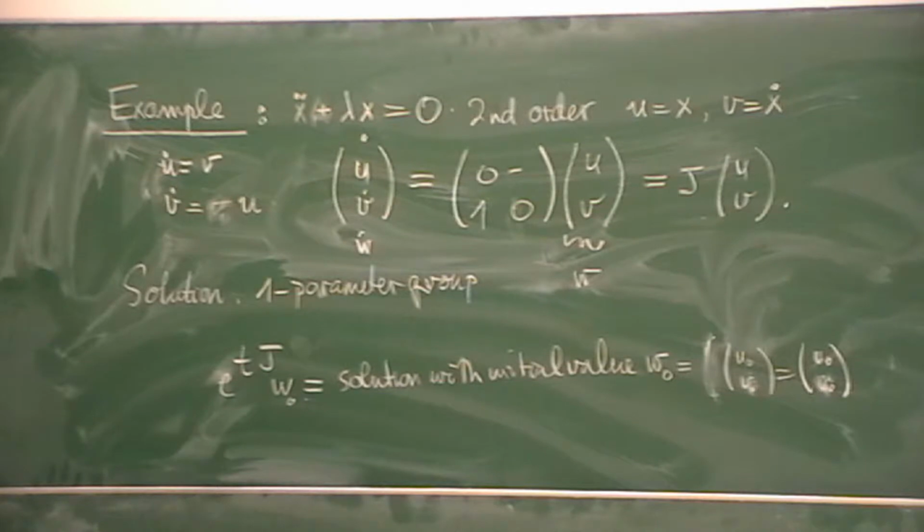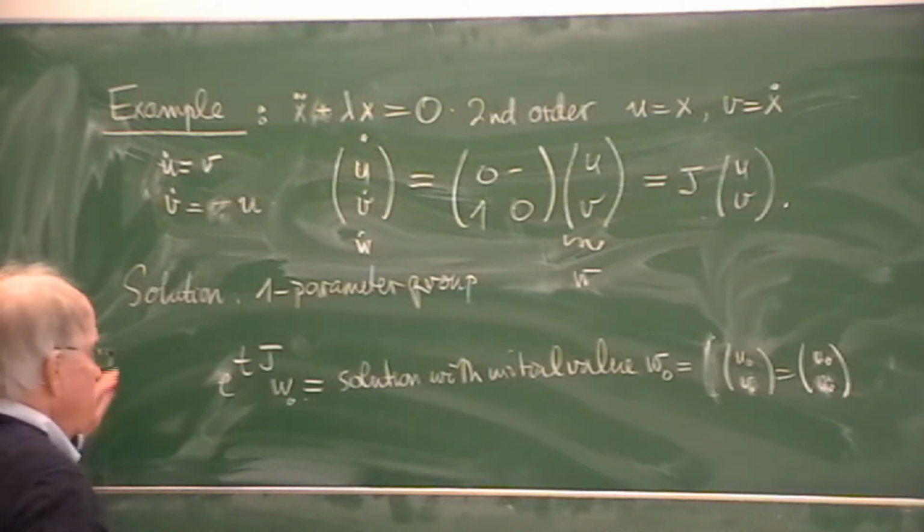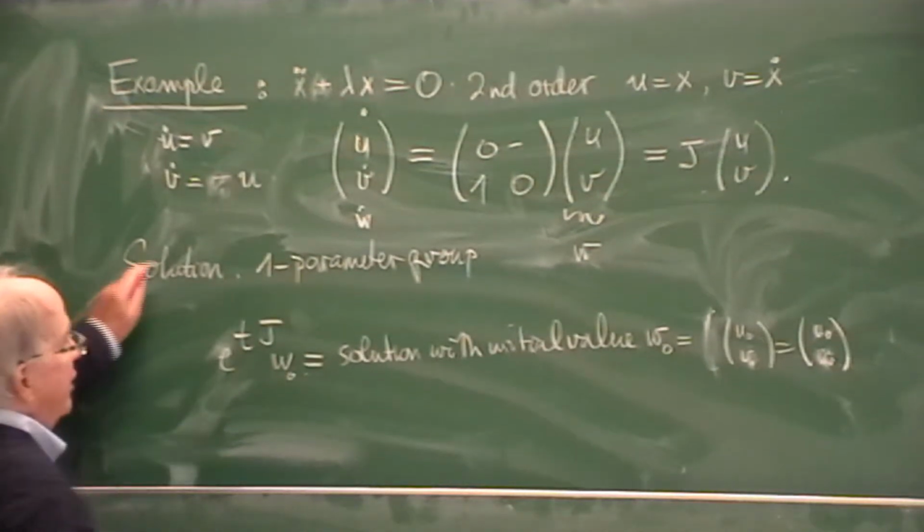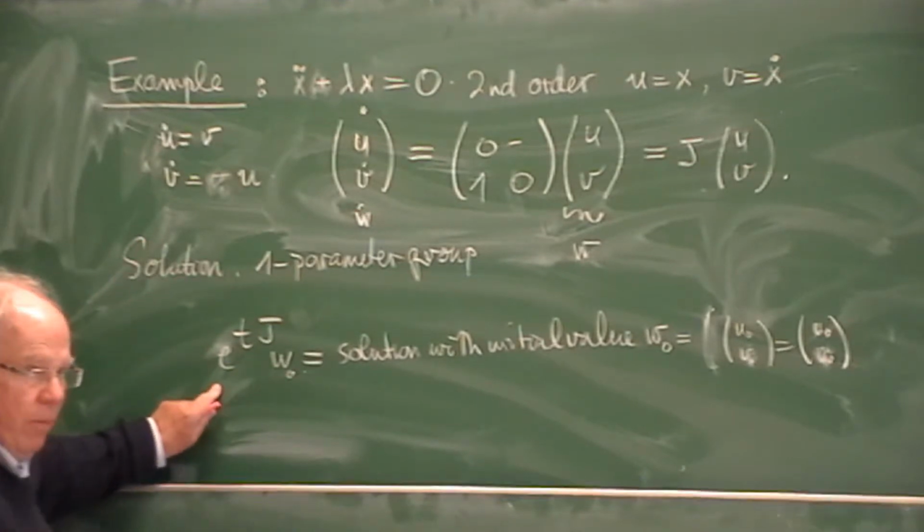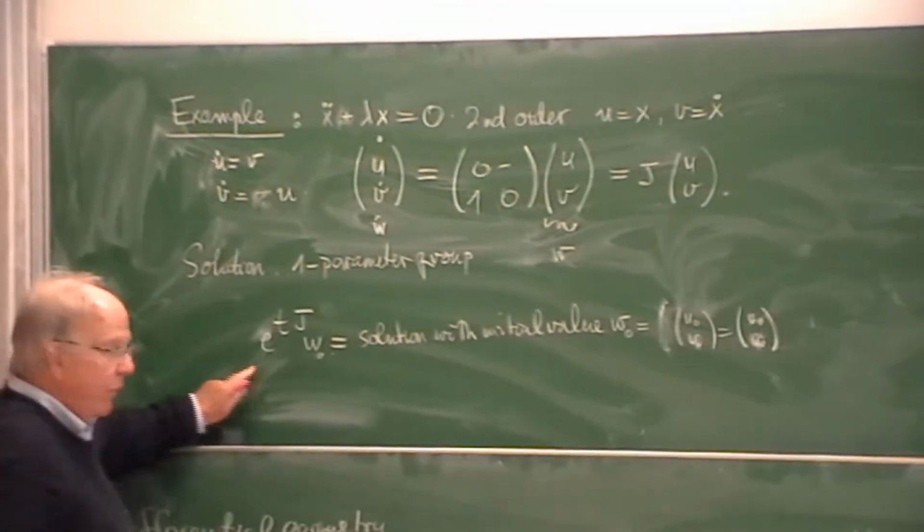So a second order ODE requires an initial value of a point and the derivative. And the solution is, in this case, the orbit of a one parameter group.